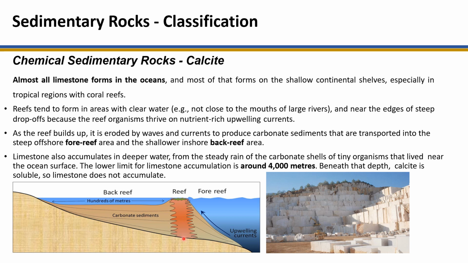The carbonate sediments that are transported to the fore reef and also back reef can eventually accumulate to form limestone. However, limestone cannot accumulate at depth below 4,000 meter. This is because the pressure at this depth is too great that it can cause the calcite in the limestone to be dissolved.